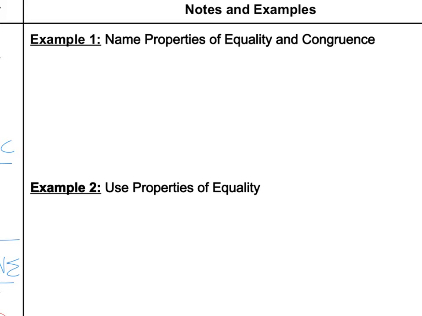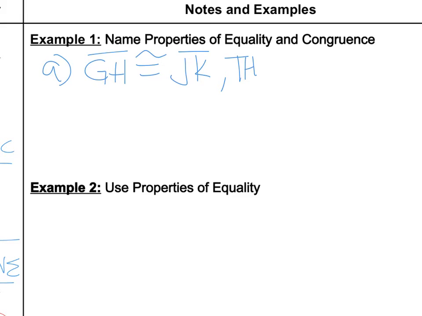Okay, so for example, let's call this A. If segment GH is congruent with JK, then JK is congruent with GH.